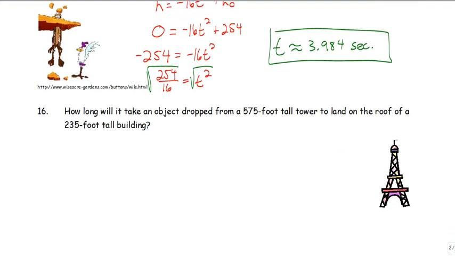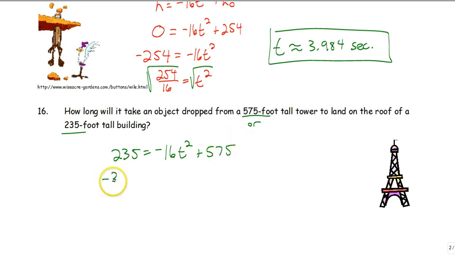How long will it take an object dropped from a 575 foot, so that's the original, and I want it to end at 235 feet. So, my ending height is equal to negative 16t squared plus the starting height. Alright, so we're doing the same thing.